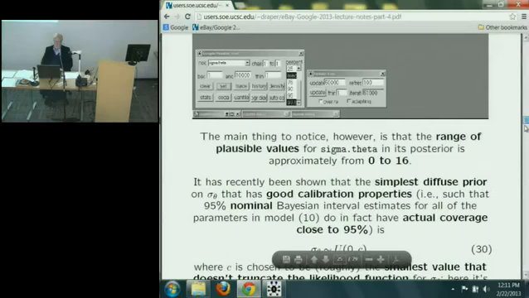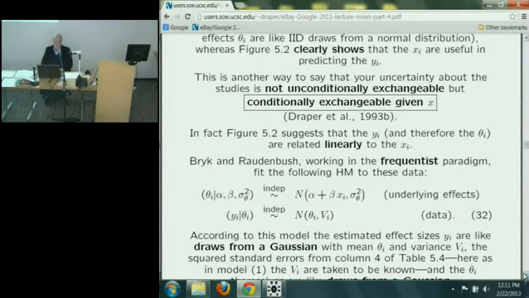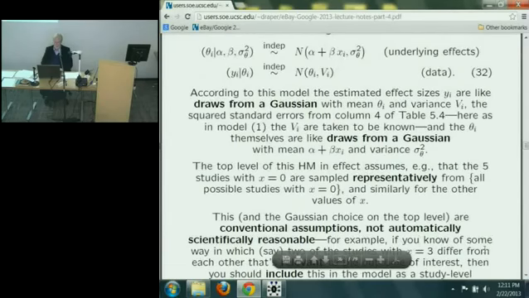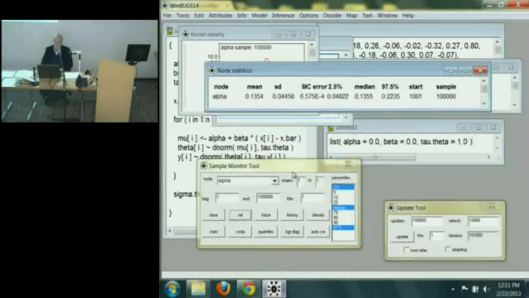We found that Breslow and Raudenbush were getting, in this particular model here, model 32, an alpha on the order of 0.407. Here in WinBUGS, we're getting an alpha that looks like more like only about 0.14.